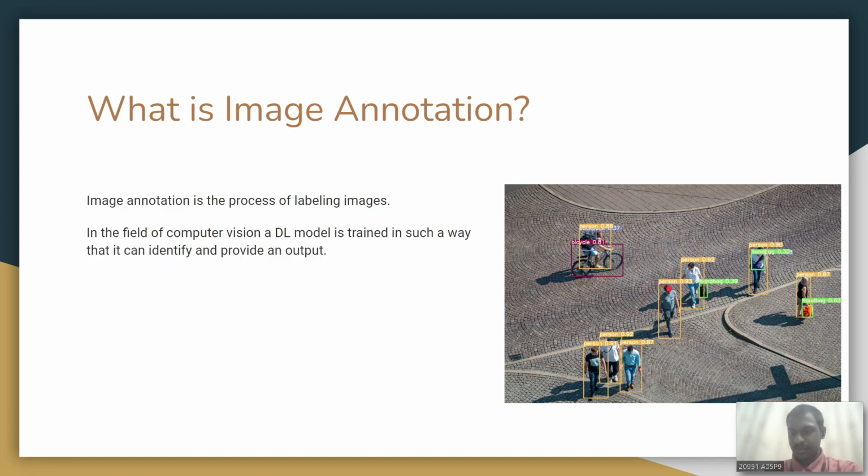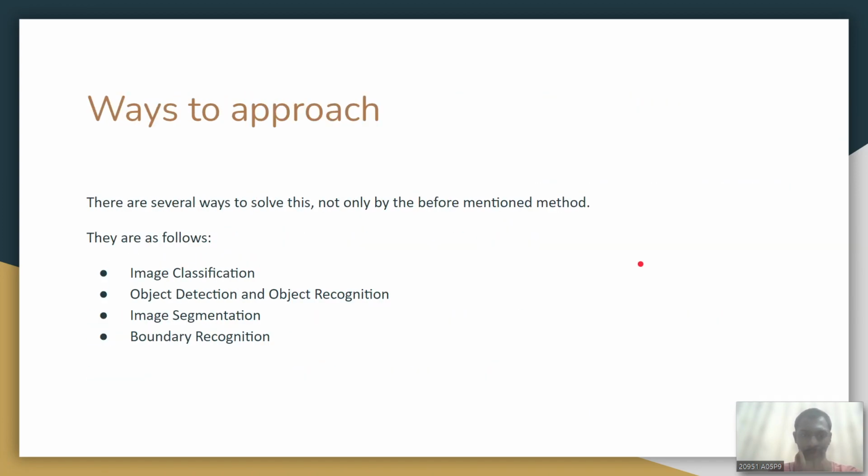So this person will be painted in one color. All the persons will be painted in one color. The bag will be painted with another color, and the bicycle will be another color. All the objects of one type will be painted with one single color. So that's image segmentation.